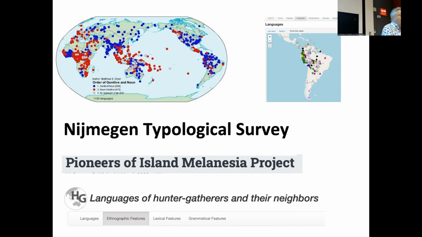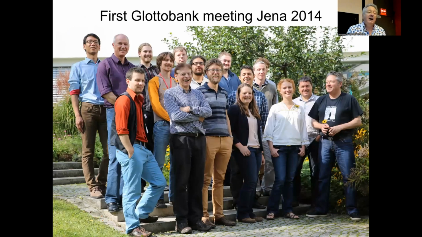The Grambank project's been going for about 8 or 9 years. I thought I'd take you through the history of it and the rationale for why it looks a bit like it does. The first Glottobank meeting was held in Jena way back in 2004. It was initially a collaborative effort between people in Jena and people in Nijmegen, and you can see some of them there, and of course Quentin Atkinson from the University of Auckland.